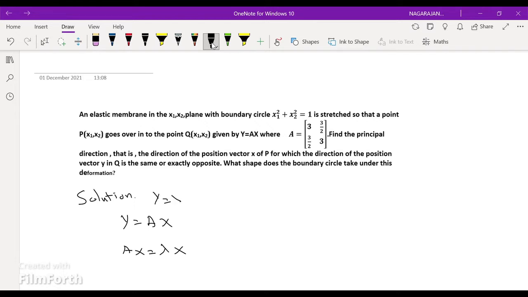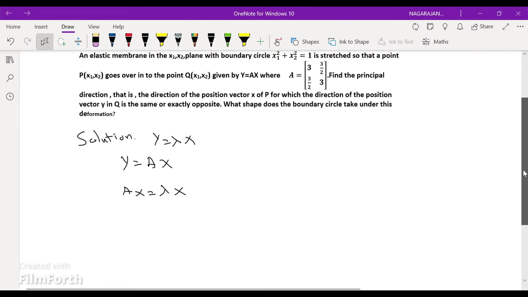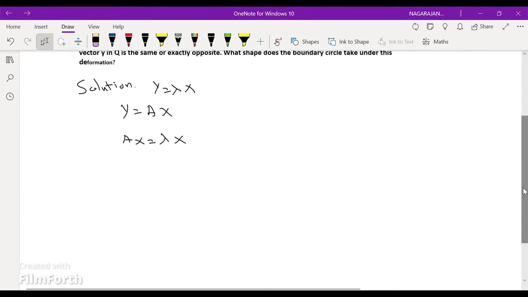This is an eigenvalue problem in the component form of Ax equal to lambda x. So (A minus lambda I) into x equal to 0.